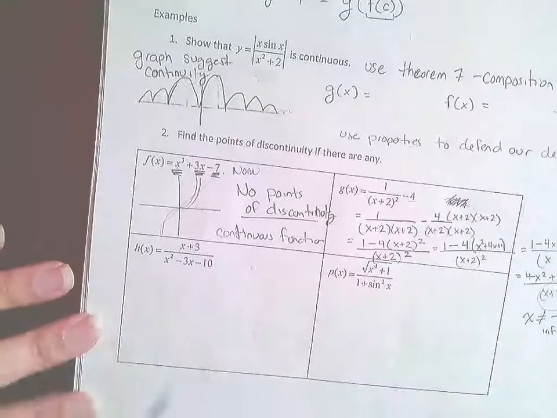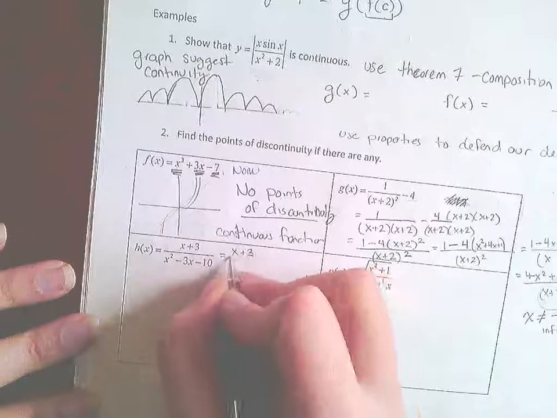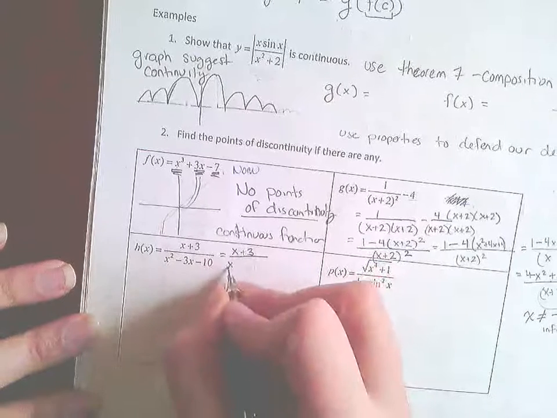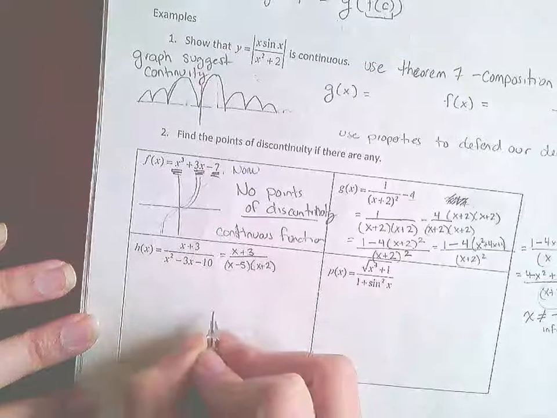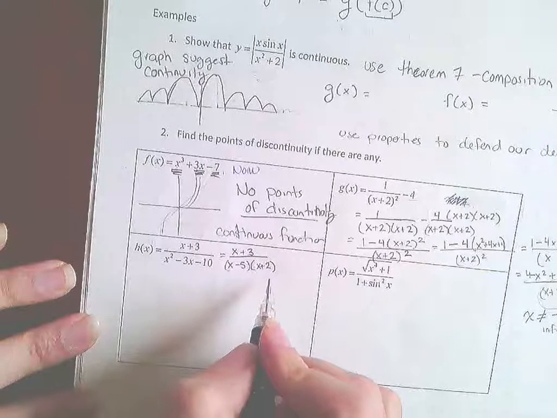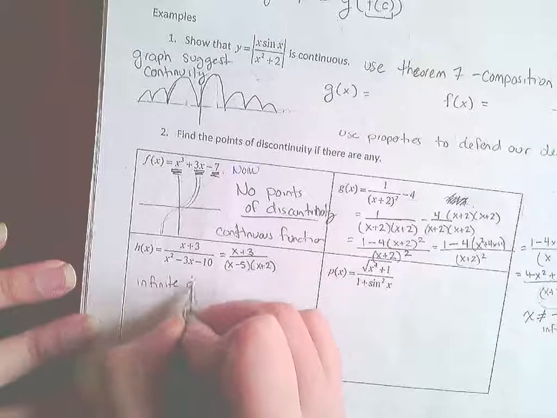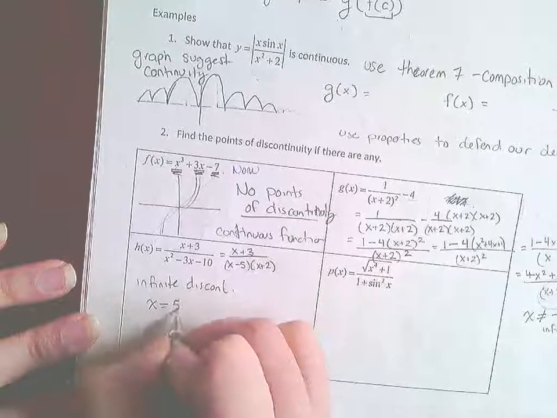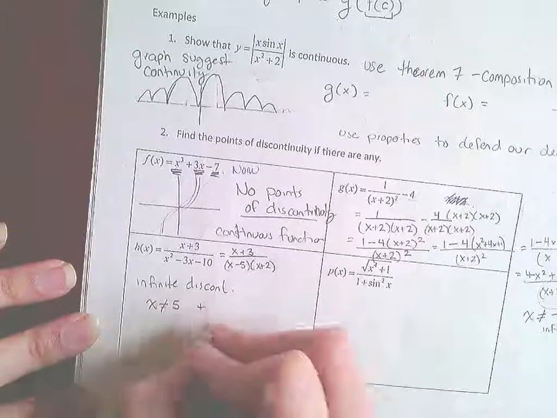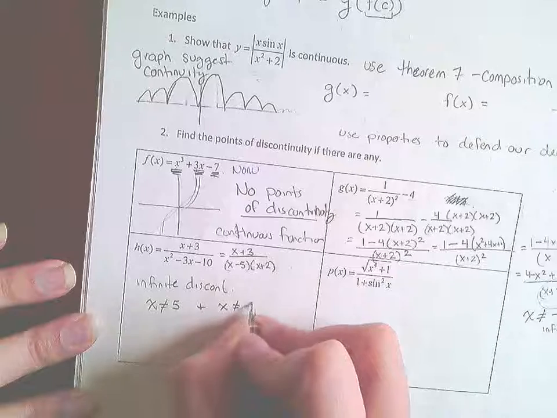All right, next up, same deal, right? We're going to reduce. So x plus 3 over, we factor this down, we get x minus 5, x plus 2. Nothing cancels out, so no removable discontinuity, but we do have an infinite discontinuity where x cannot equal 5, and x cannot equal -2.